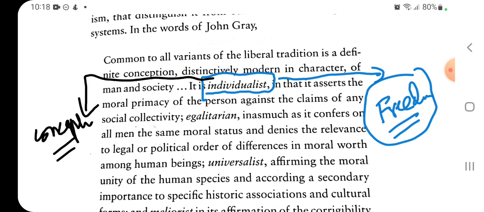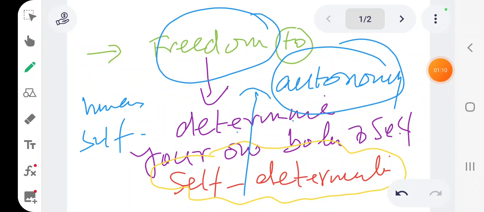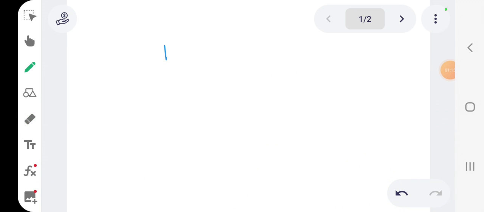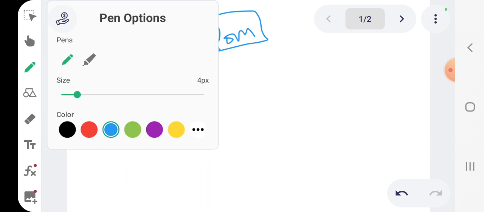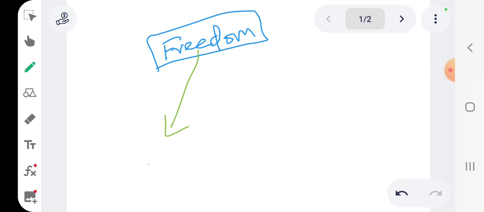And today we are going to continue looking at the concept of freedom from a slightly different angle than the last time. When we talk about freedom, as we saw last time, we are talking about the freedom of the will, basically human will.